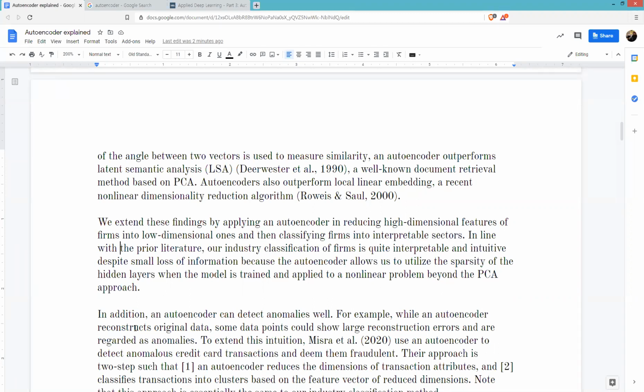In line with the prior literature about autoencoder, my industry classification of the firms is quite interpretable and intuitive despite small loss of information, because the autoencoder we use allows us to utilize the sparsity of the hidden layers when the model is trained and applied to nonlinearity problems beyond the PCA approach. So we can capture rich information in the data that a simple linear PCA approach cannot.